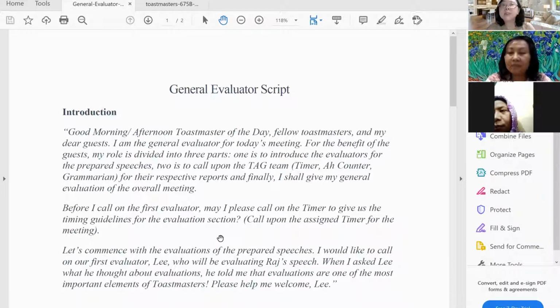Some general evaluators also give comments on each of the speeches. It really depends whether you have a lot of time or not. You can see the agenda and see whether you have time. If you have time, you can comment, because in some meetings I also give a little comment on each table topic speaker, if I have time.